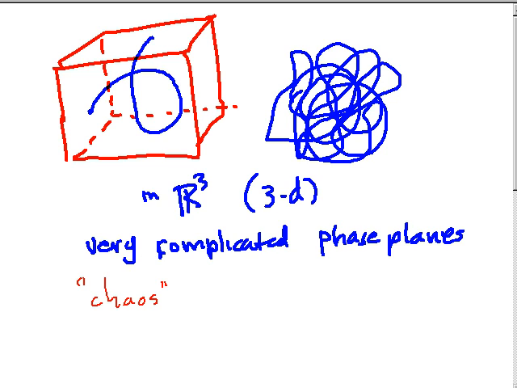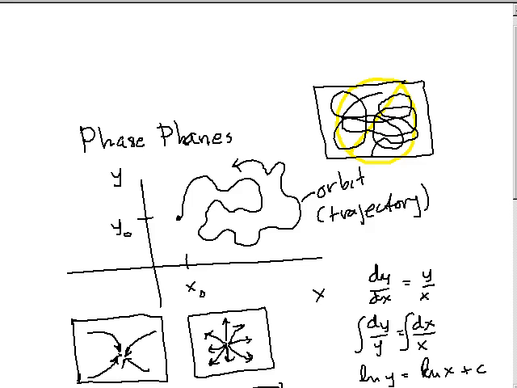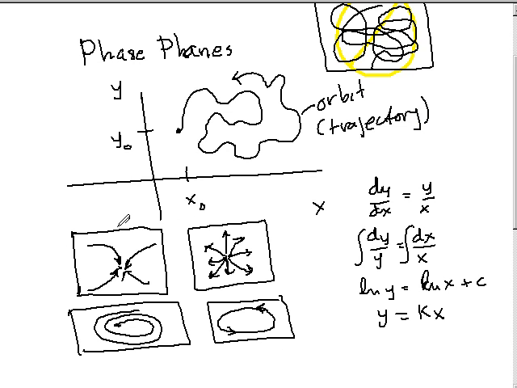But this can't really happen in 2 dimensions because there are only a few types of behavior that are permitted.